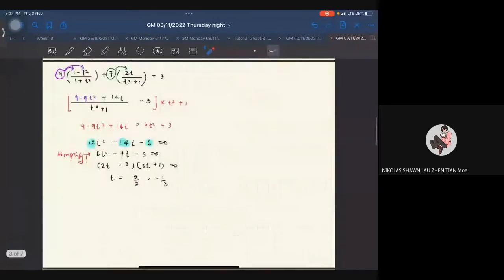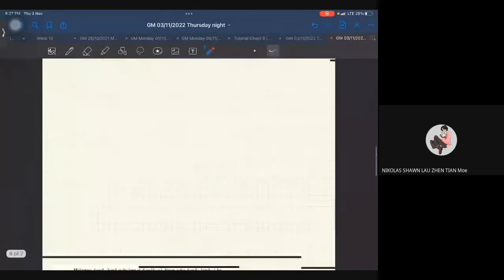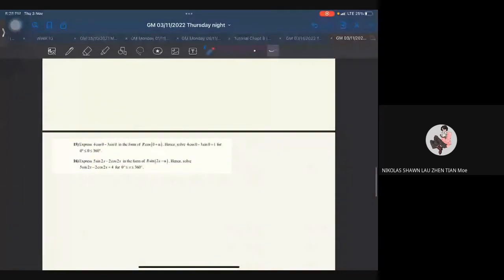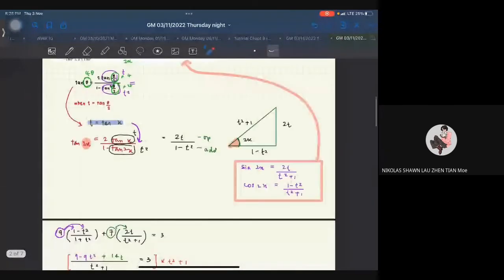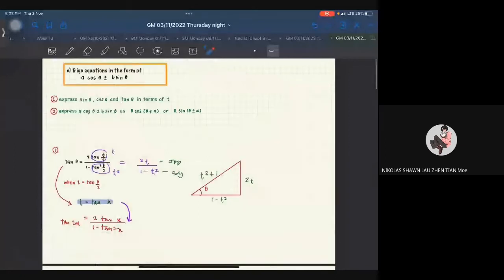Okay, so the next part, single. Okay, this one, there. Second method. Okay, so this is the second method. Okay, so bila awak ada soalan melibatkan combination of cos plus minus dengan sin. Okay, so the first method is by using T substitution.